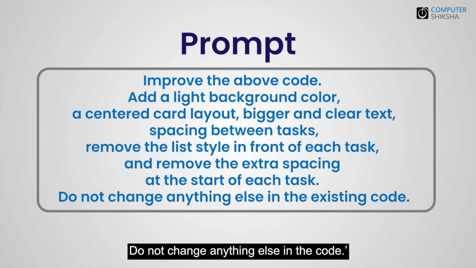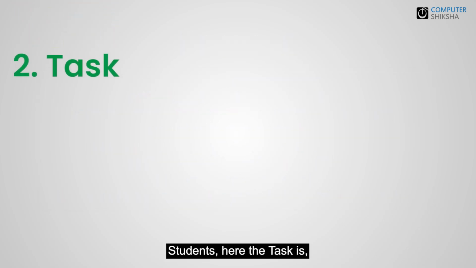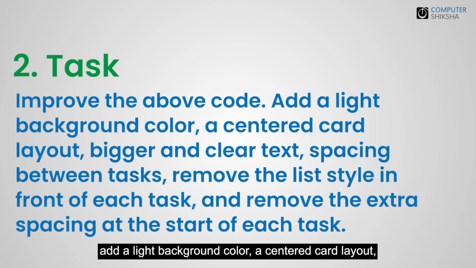Do not change anything else in the code. Students, here the task is to improve the above code, add a light background color, a centered card layout, bigger and clear text, spacing between tasks, remove the list style in front of each task, and remove the extra spacing at the start of each task.